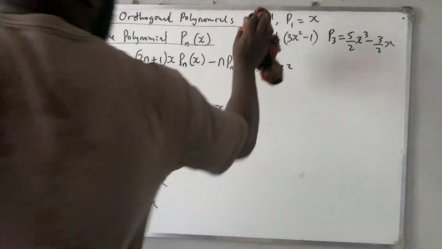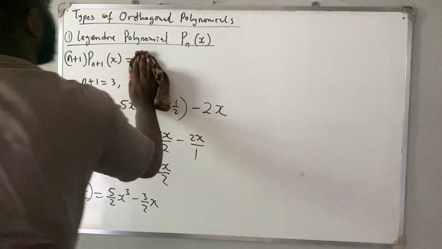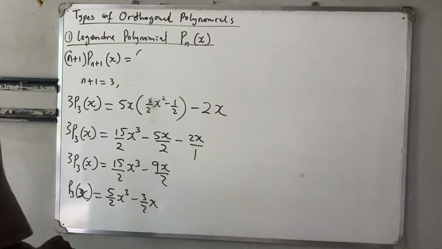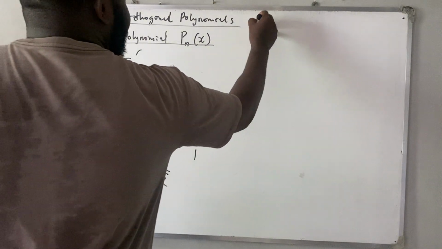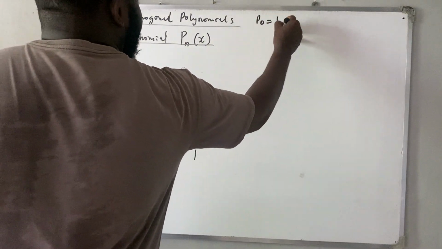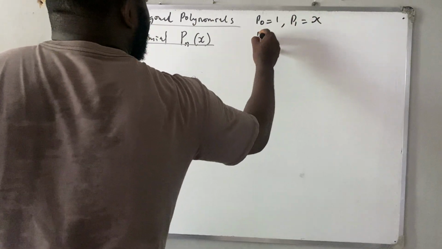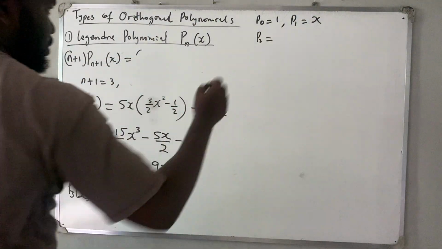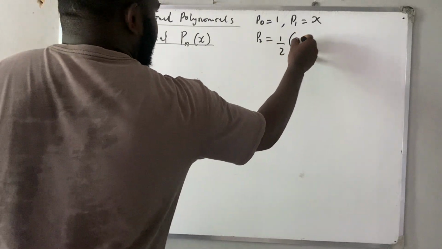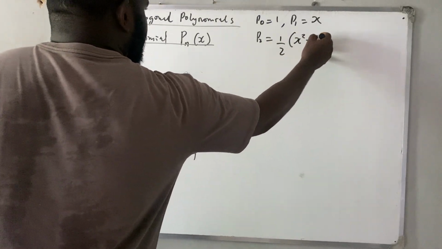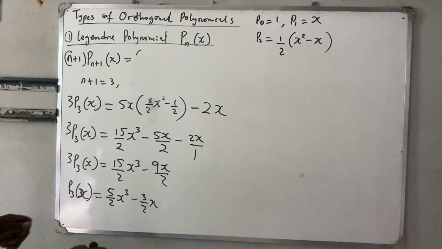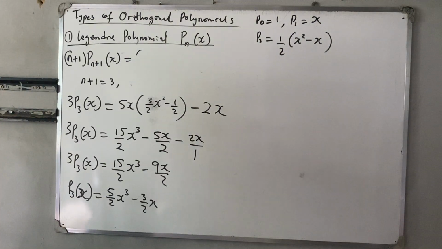Okay. So an example. Did I just clean that? Let me write it again. P0 is 1. P1 is x. P2 is 1 over 2 into x squared minus x, right? Sorry about that.